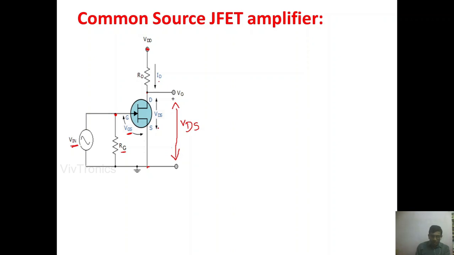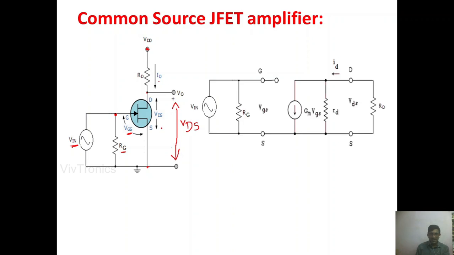Now we are going to draw the AC equivalent circuit for this common source JFET amplifier. In order to draw the equivalent circuit, first we have to draw the common line like this.